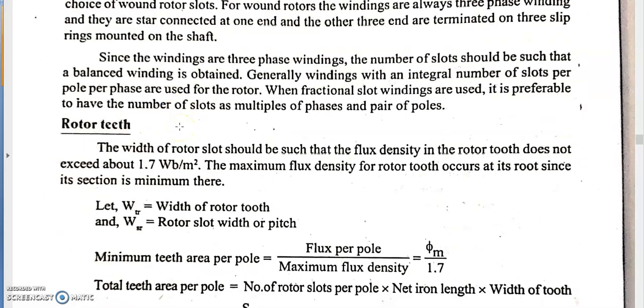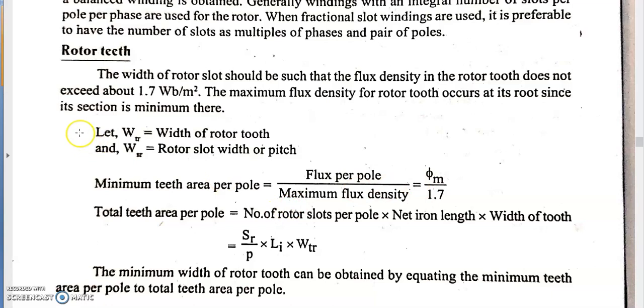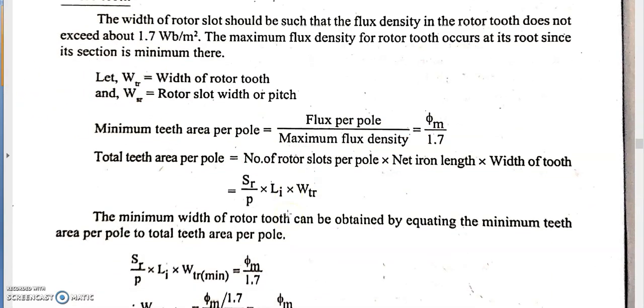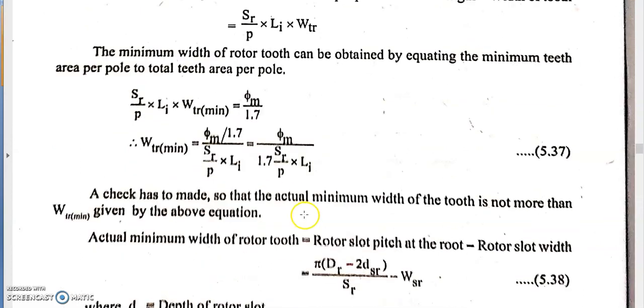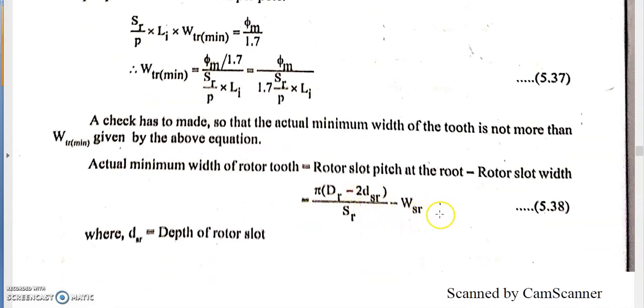Then we have to calculate the rotor teeth, the dimension of the rotor teeth width. The rotor teeth width will be calculated by knowing the slot pitch and the rotor slot width. The rotor slot width we calculate by assuming a certain value of depth of the rotor slot, so that we can calculate the width of the rotor slot.